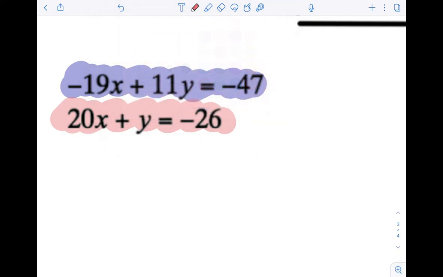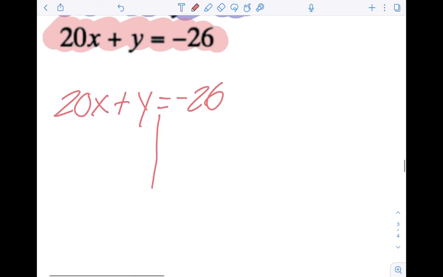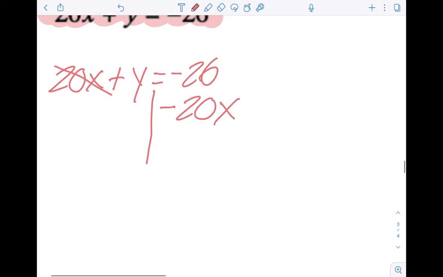So I'm going to copy 20x plus y is equal to negative 26. I'm going to move this 20x as minus 20x, just like this. So I'm left with y is equal to, and I can't subtract these.